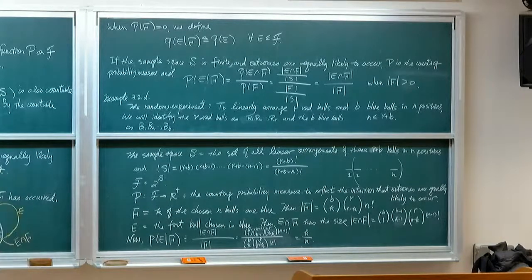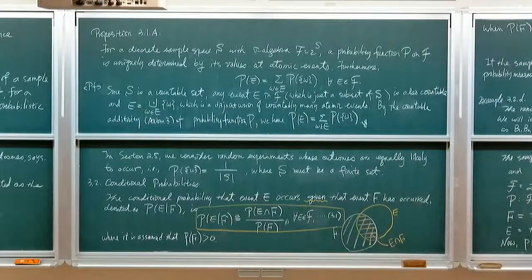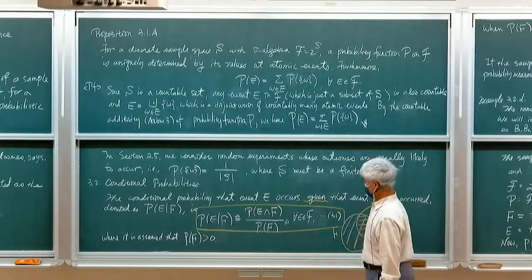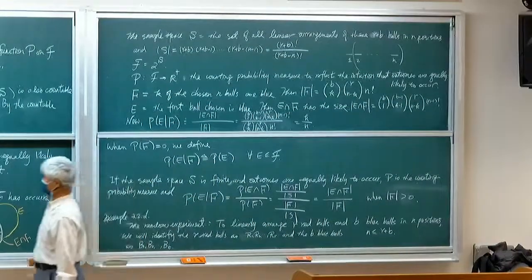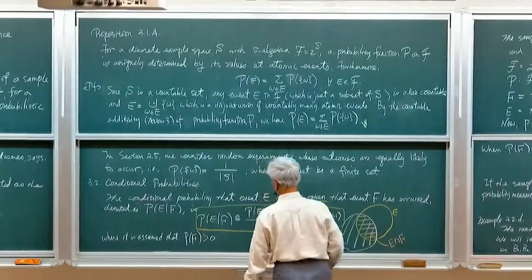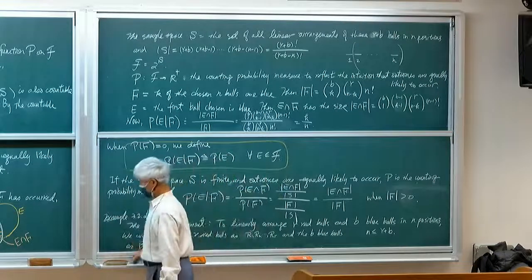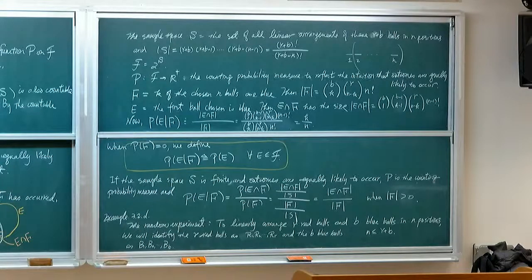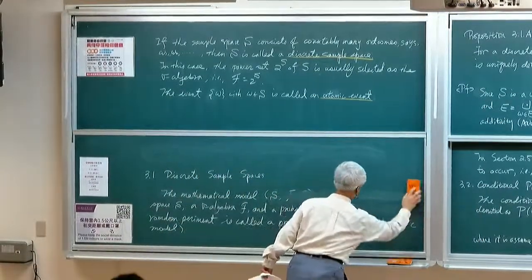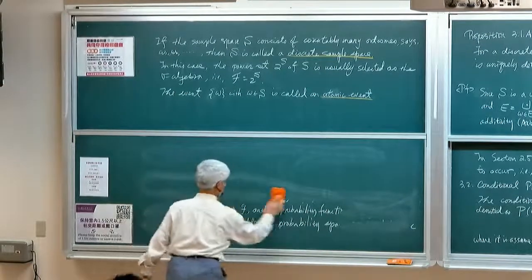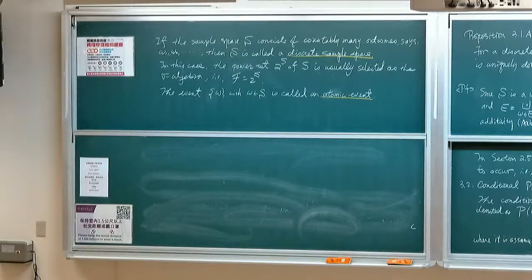Okay, now from this formula, the definition of conditional probability, when the probability of the given event F has positive probability, as well as here, together, we can rewrite, okay, and we call this formula 3.1 prime.